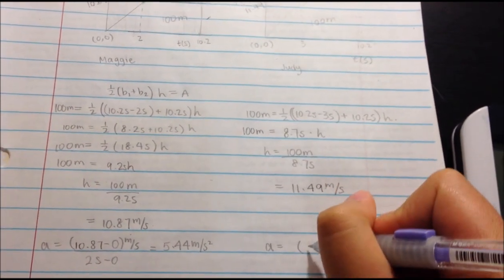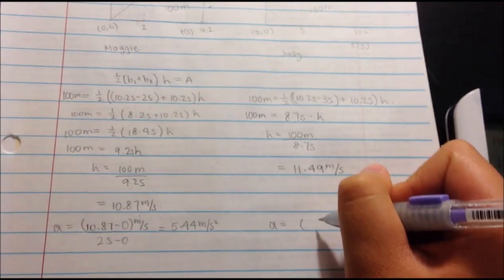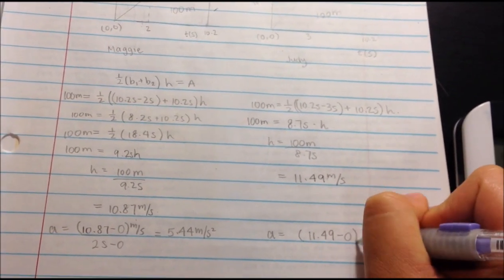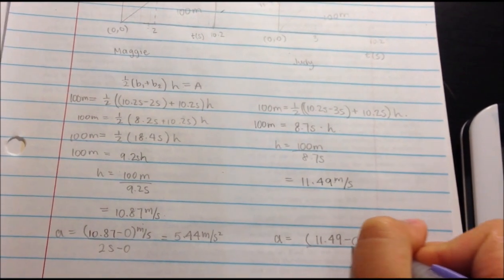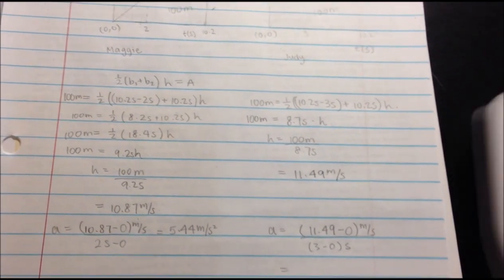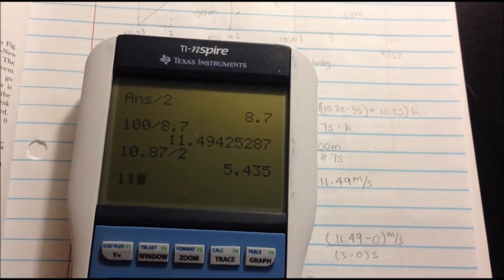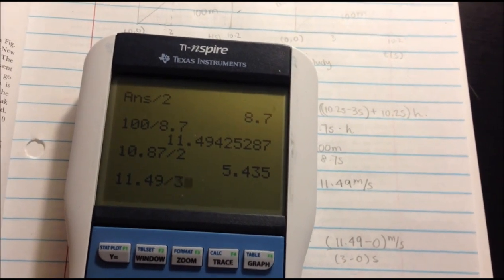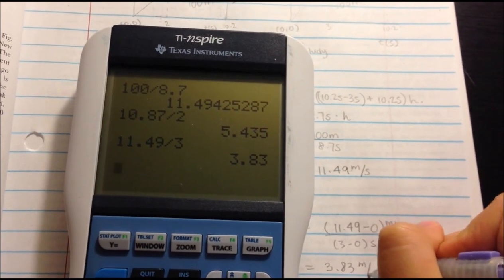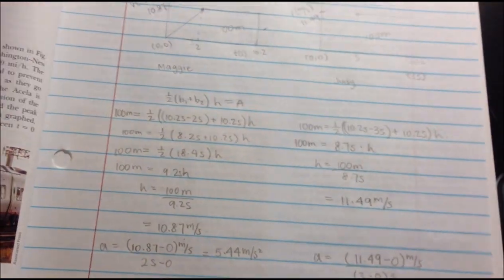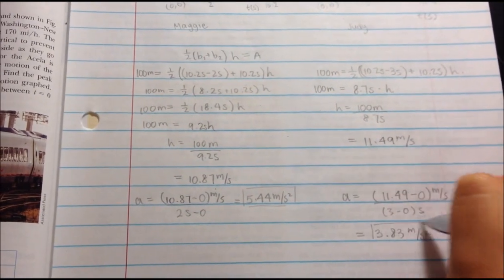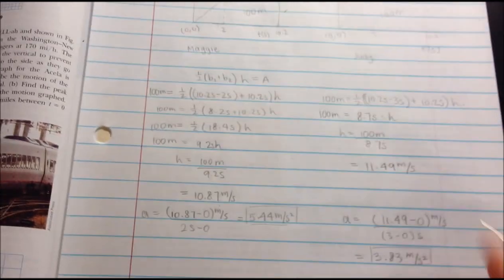So we do 11.49 minus 0 meters per second, over 3 minus 0 seconds, and then it's 11.49 divided by 3, we get 3.83 meters per second squared. So these two numbers are the answer to part A of number 53.